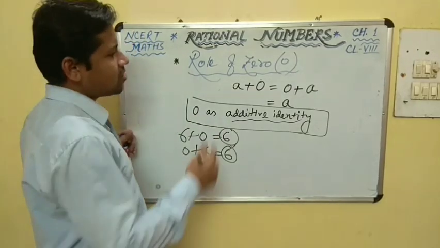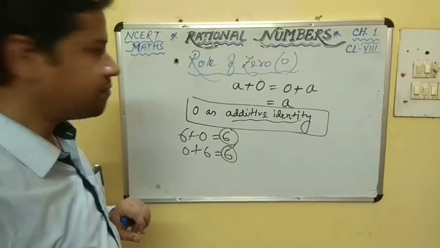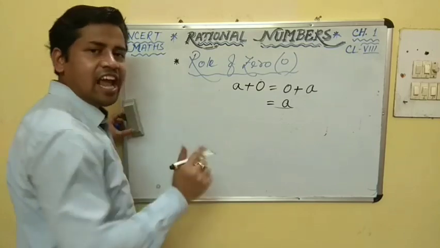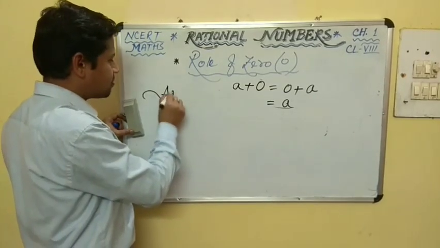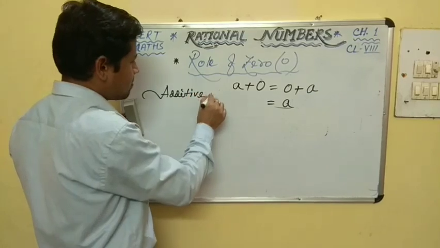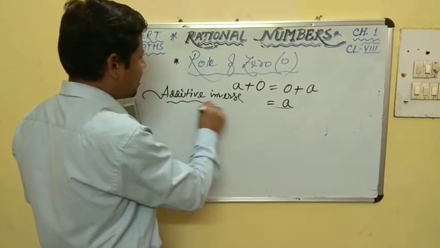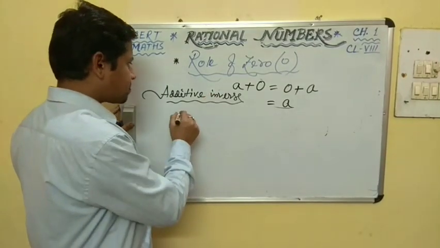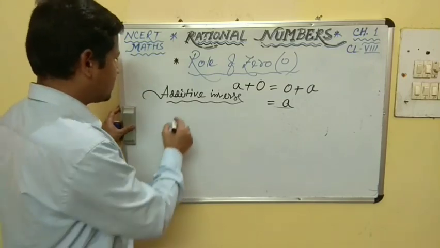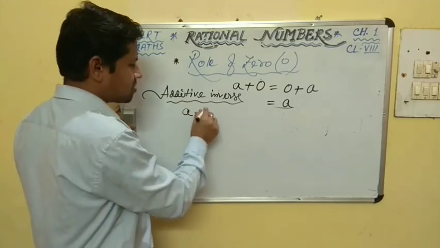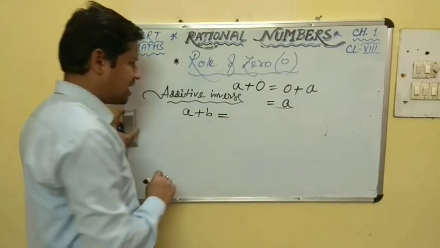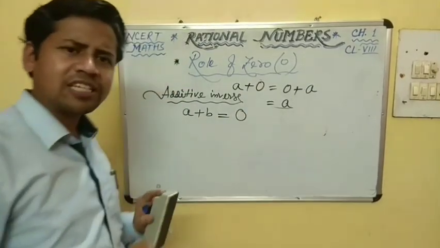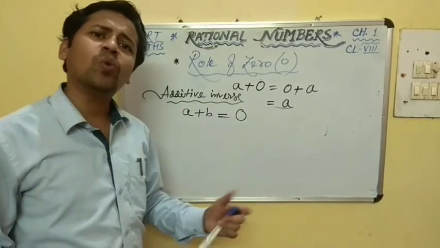From this situation there also comes a term, the additive inverse. What do we mean by the additive inverse? The additive inverse: if any two rational numbers are added and the result is 0, then we say that both the numbers are additive inverses of one another.